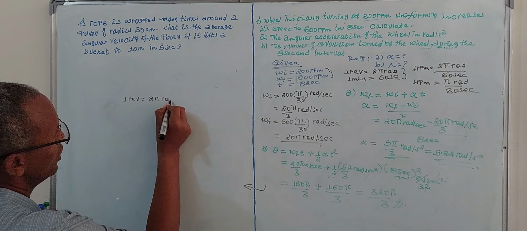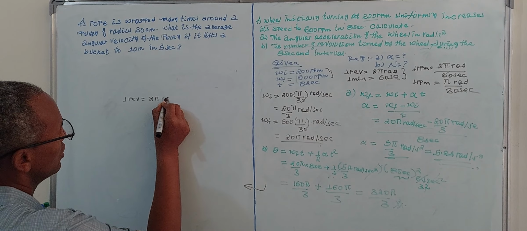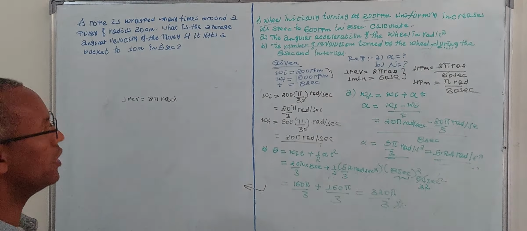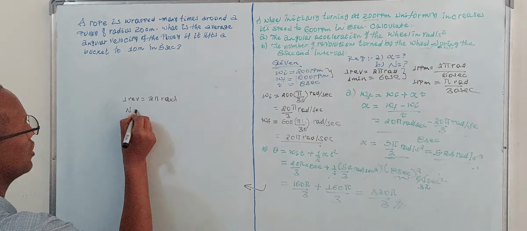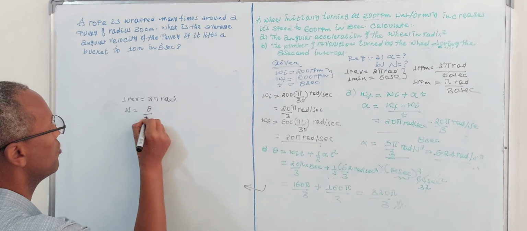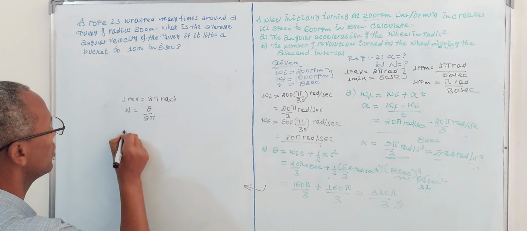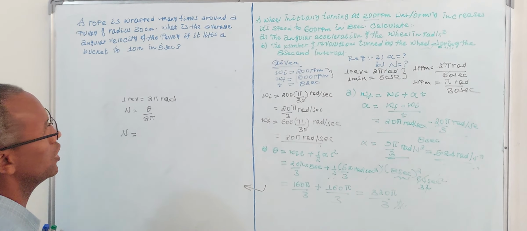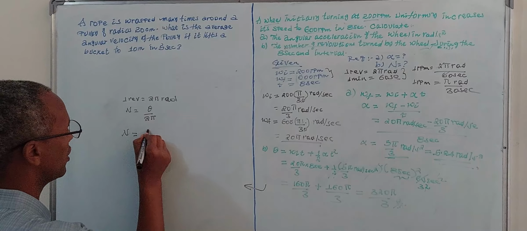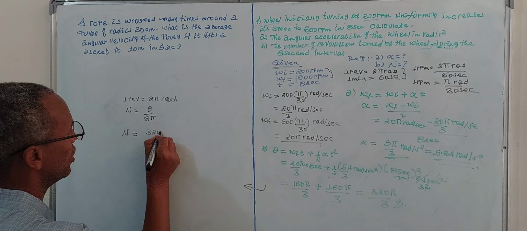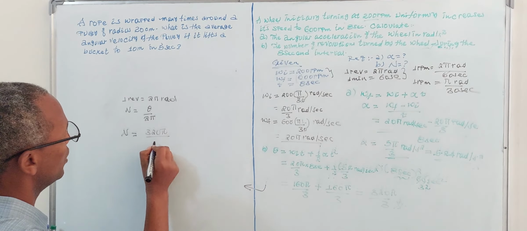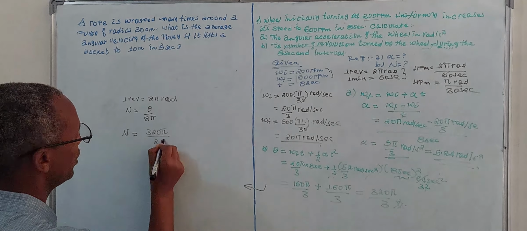So N revolutions is equal to theta, the angular displacement, upon 2 pi, okay? So the number of revolutions is equal to theta, which is 320 pi upon 3, divided by 2 pi.